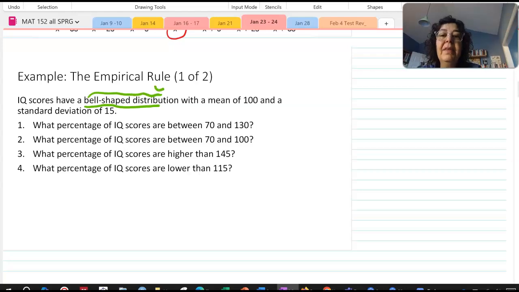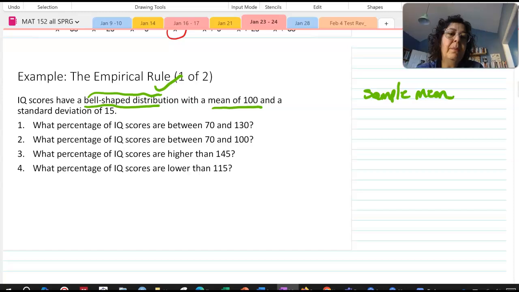So that gives us a check mark that we can implement the empirical rule with a mean of 100. So sample mean, we can show sample mean with X bar, 100, and a standard deviation of 15.